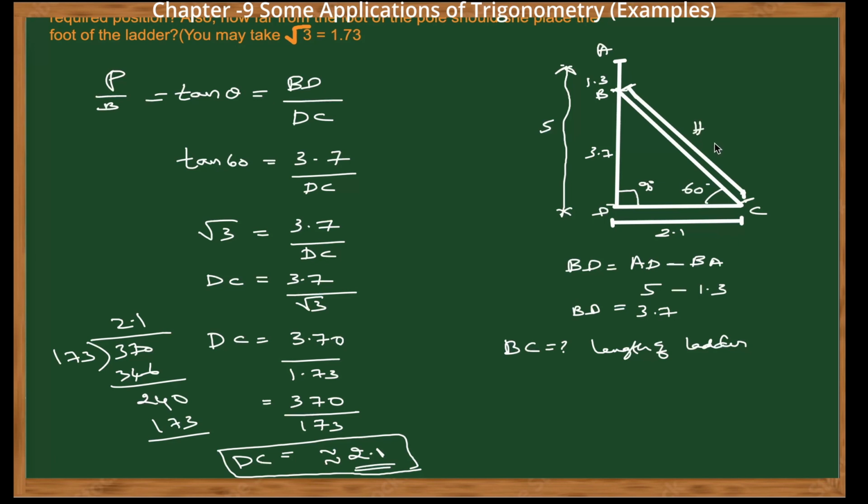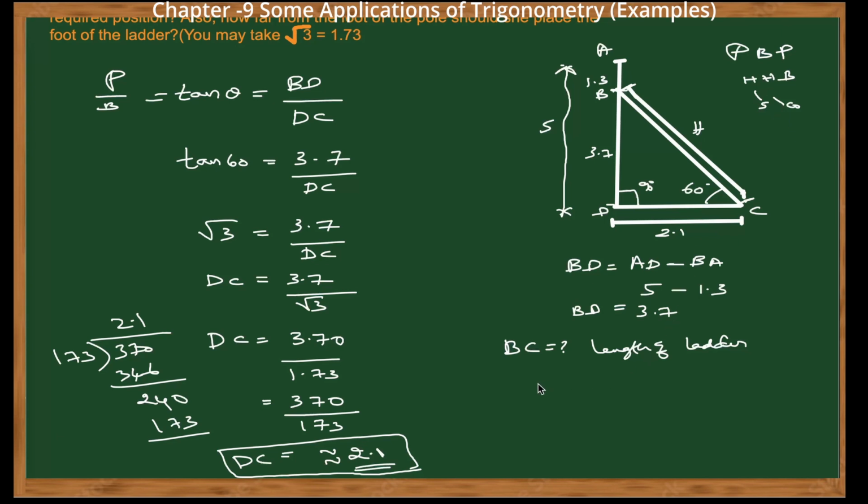We need to find the hypotenuse here. We can use P, B, H. Now that the hypotenuse is coming into picture, we can take either sine or cos. So let's take sine.